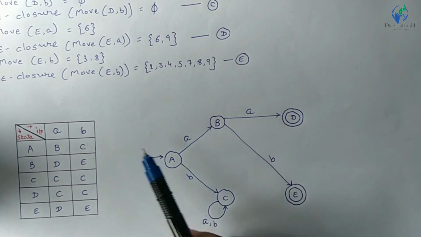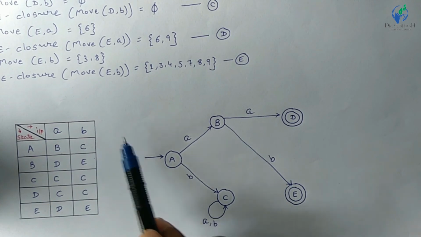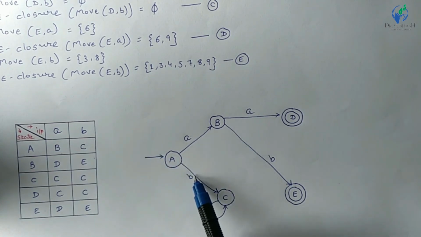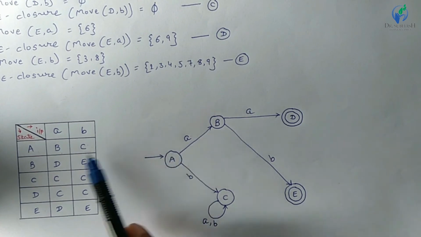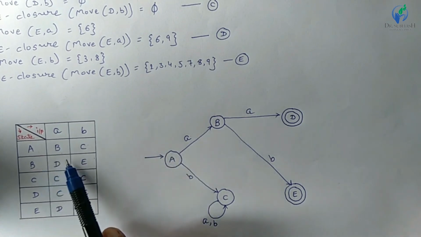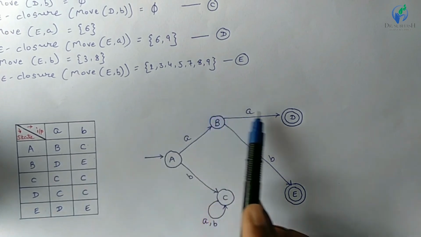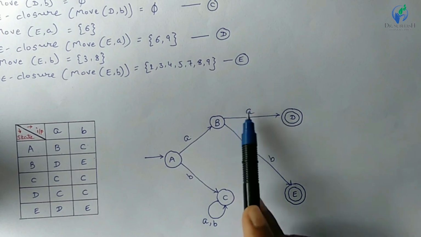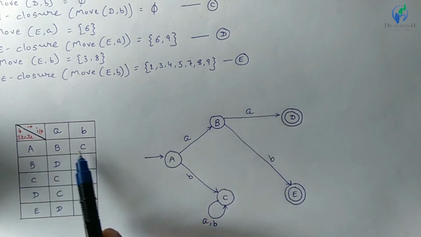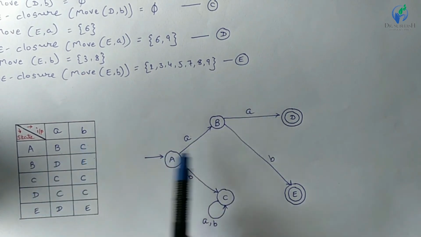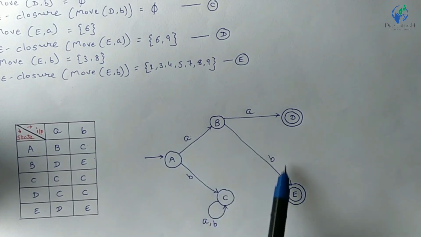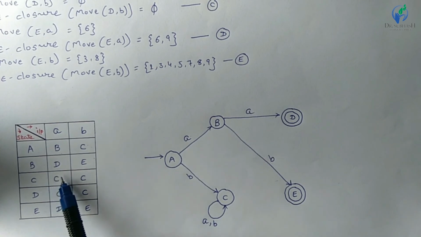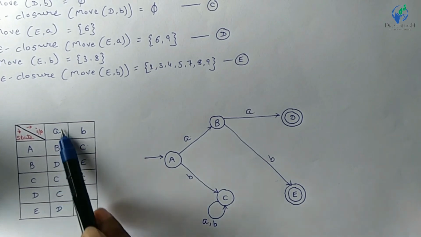A, input A, then your next state is B. A, input B, then state is C. B, input A, then state is D. B, input B, then state is E. Here D and E both are final states, which is indicated by a double circle.